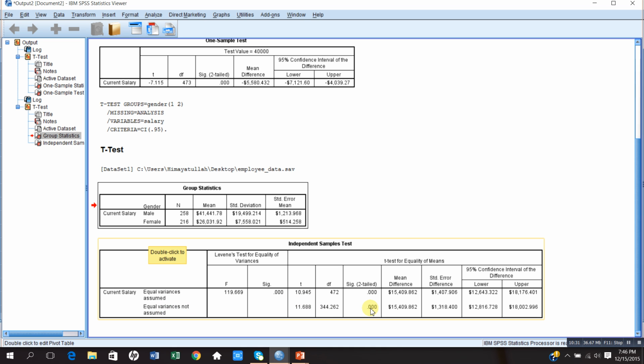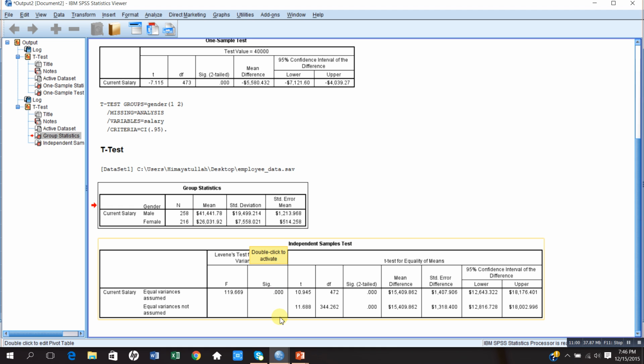So it means that the average current salary of the males and females are not the same. They are quite different, because the average current salary of the males is more than 41,000, whereas the average current salary of the females is a little more than 26,000. So there is a difference between these two.